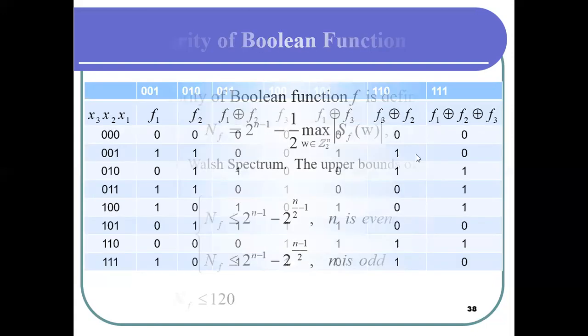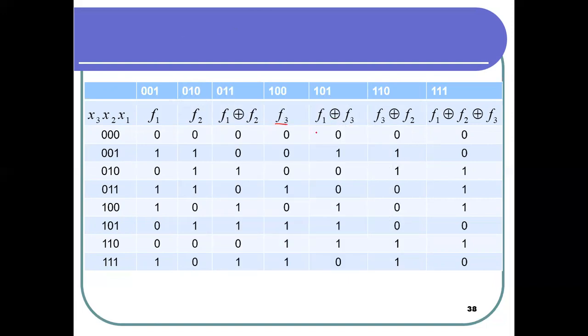If you look over here, all of these are balanced Boolean functions. The number of zeros and the number of ones are equal.